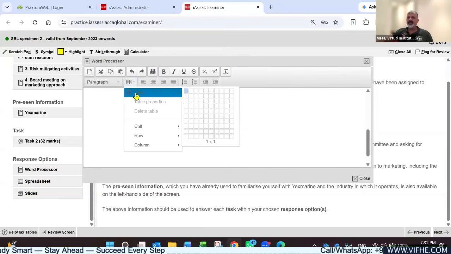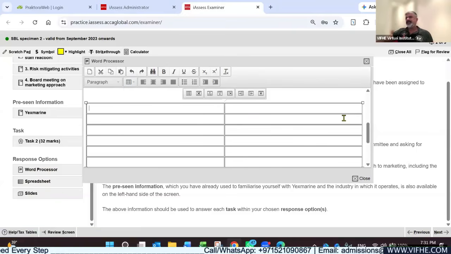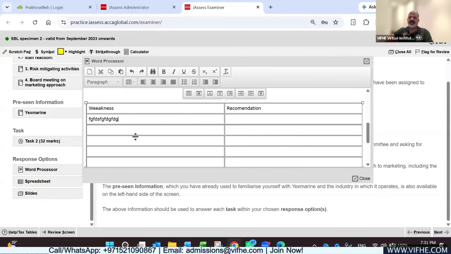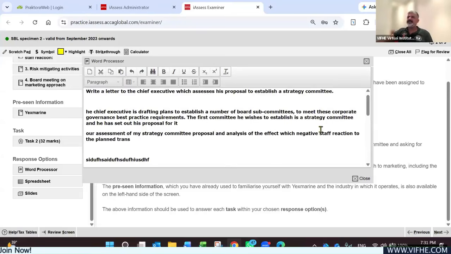Just click on your table. How many columns do you want? I want 2 columns. I need 5 rows. Just like a Word document, I will mention weakness and that's my heading. And then I will start typing here. This is the weakness and this is the recommendation. Second weakness, second recommendation. Third weakness, done. Clear, guys?